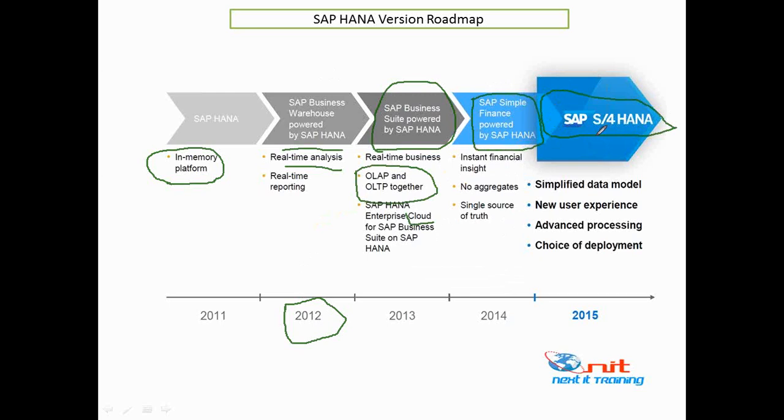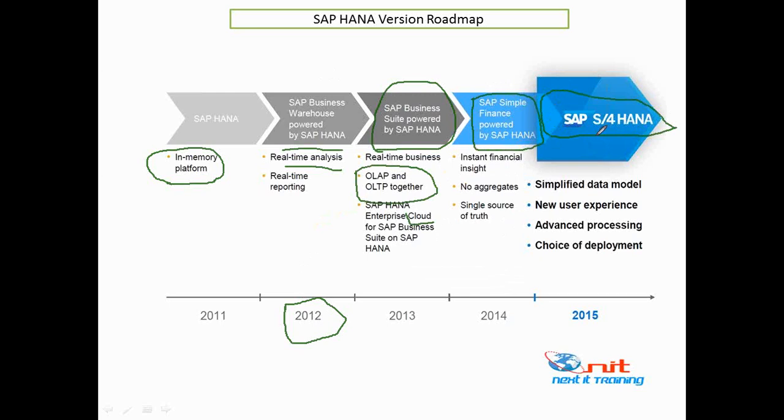What it does is all the applications, whatever you want, like finance or CRM or regular ECC or SRM, all these things are combined into a single system that runs on the HANA system directly. You don't have separate boxes for CRM or ECC that connect to the HANA database.